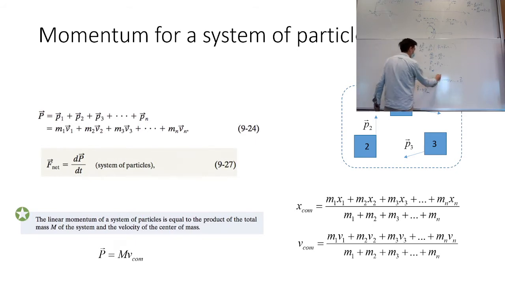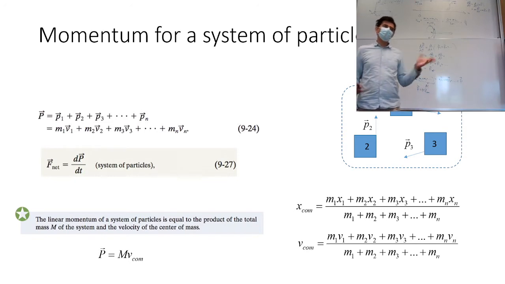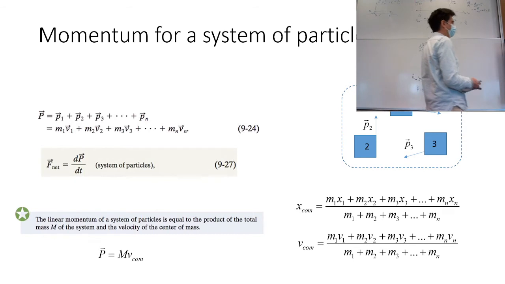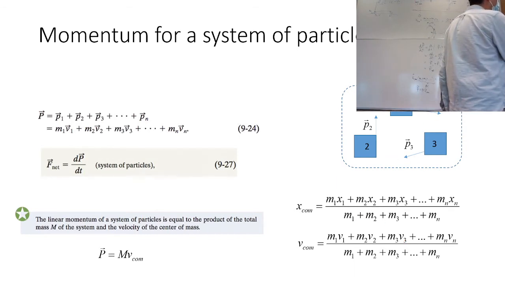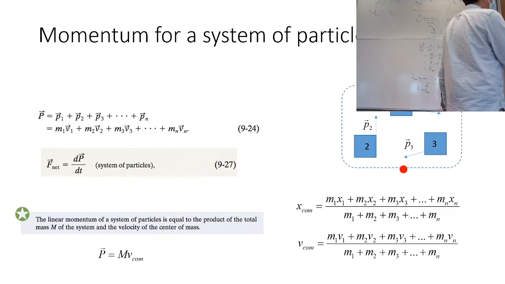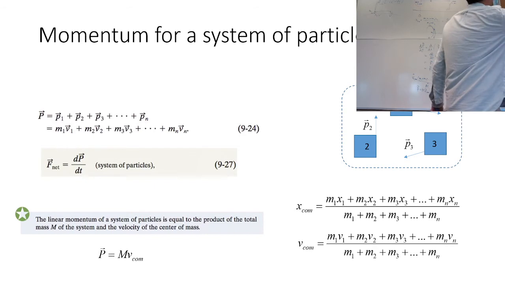Maybe we should write vectors on everything. The total momentum, we can also view it as the total mass times the velocity of the center of mass, right? So we can view it in two ways, where we can either view the total momentum as being the sum of all these individual ones, or we just look at the center of mass of this thing, and then say it's moving this way.